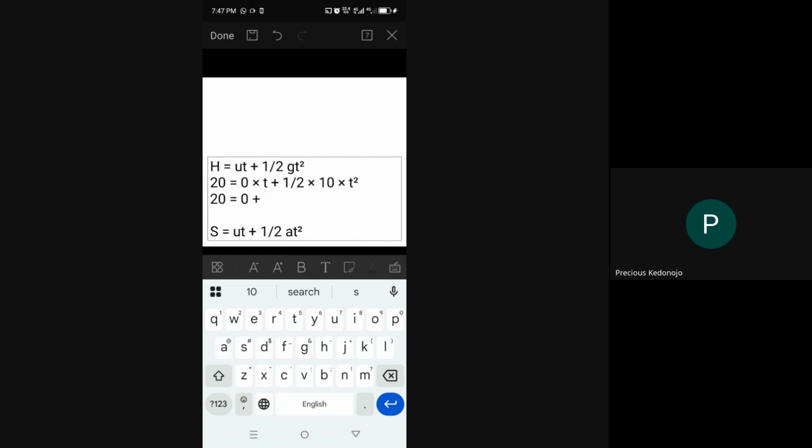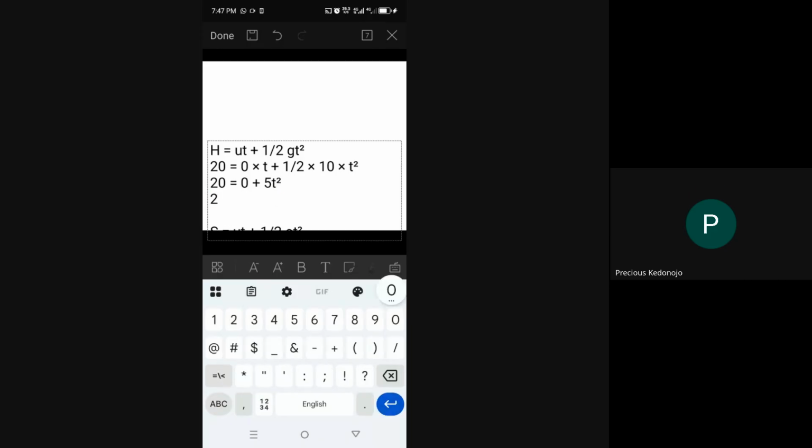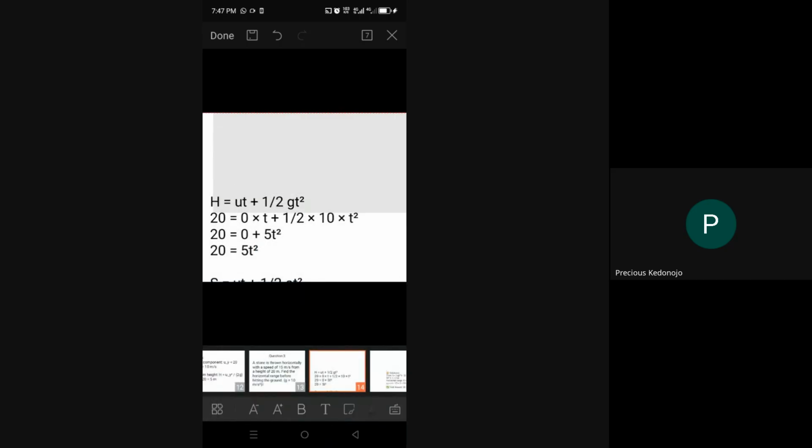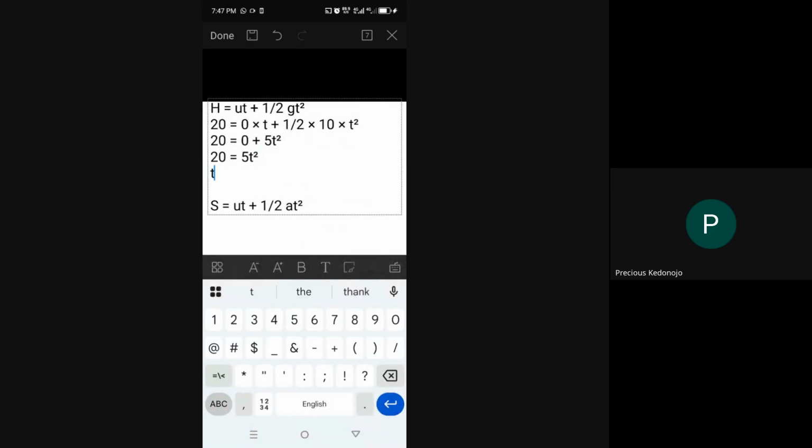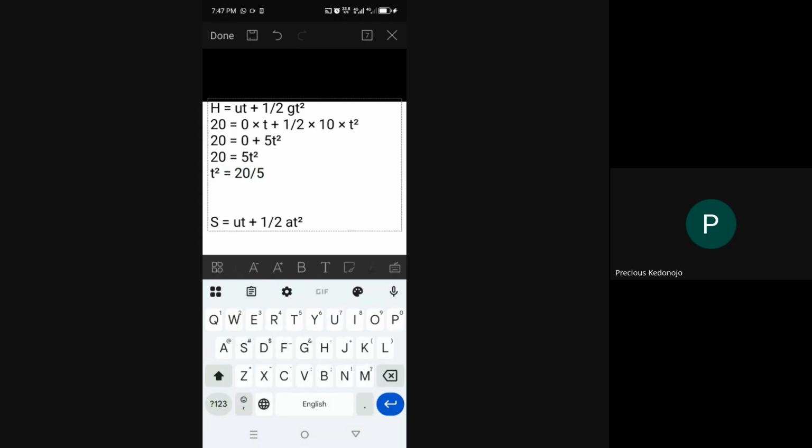1 over 2 is 0.5, right? 0.5 times 10 will give you 5. Half of 10 will give you 5. So 20 is equal to 5t squared. You divide both sides by 5, so t squared is equal to 20 over 5, which means t squared is equal to 4.